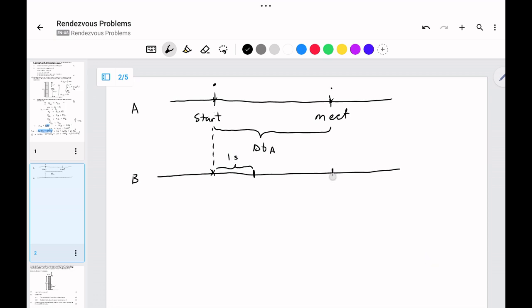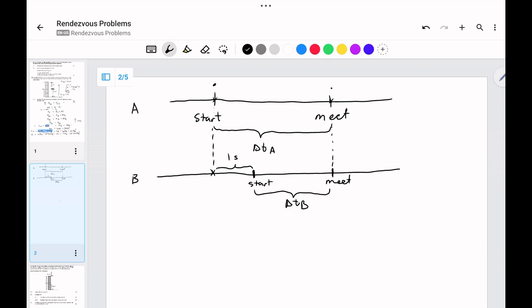Then they still meet at this time. So this is where B starts, and then they meet at the same time. Then this interval here represents the time for B. So clearly, what I'm trying to get at is that the time for B is shorter than the time for A. By how much?